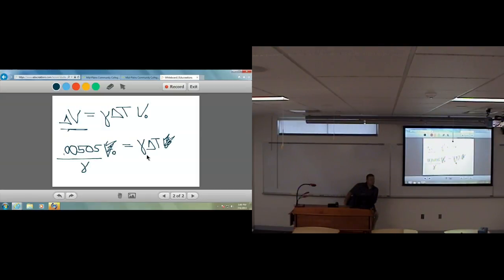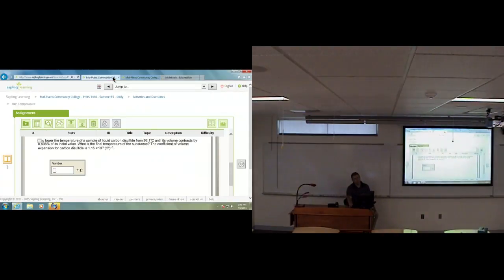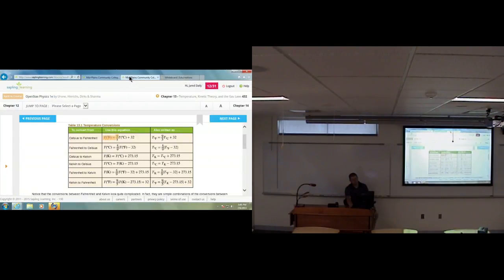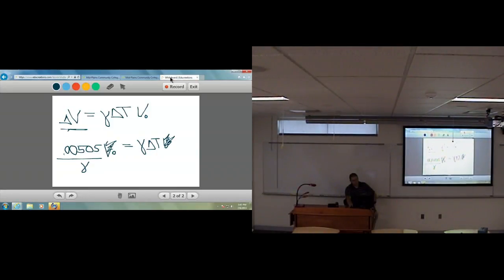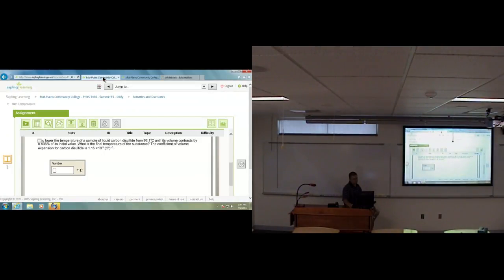Okay. Now, when I did it, every single time my change in temperature was below absolute zero, so I knew my answer was wrong. That's because my coefficient is so small, it divides out. I'm getting 0.00505 divided by 0.00115, right?